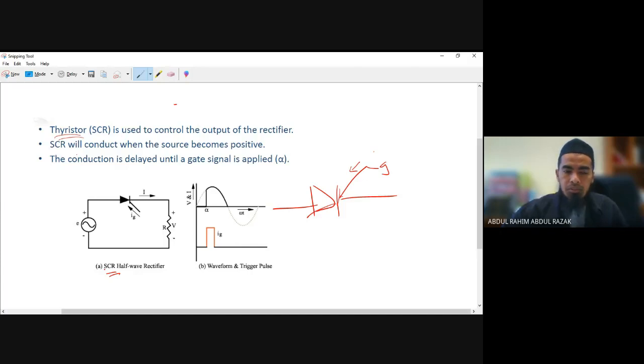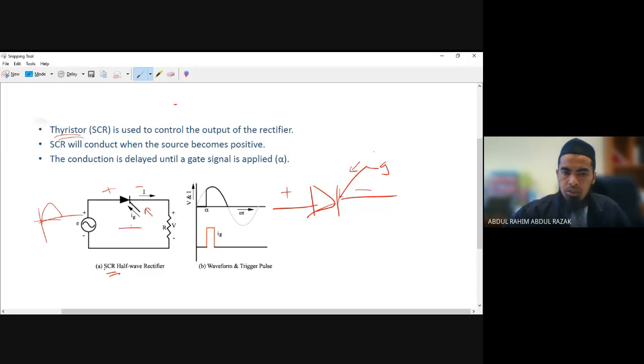The SCR will only conduct when the source becomes positive, but the conduction is delayed until the gate signal is applied. This means that if you put a positive bias across your device here, during the positive cycle you have a positive bias, but this device will not conduct until you put a signal onto the gate.